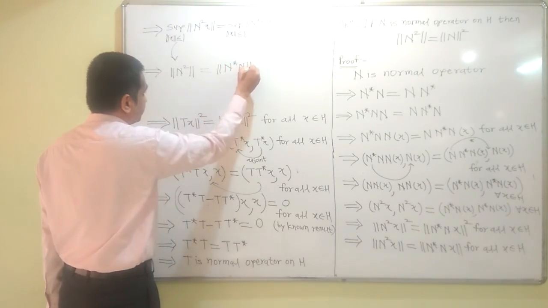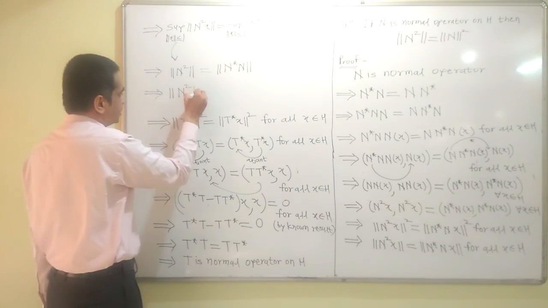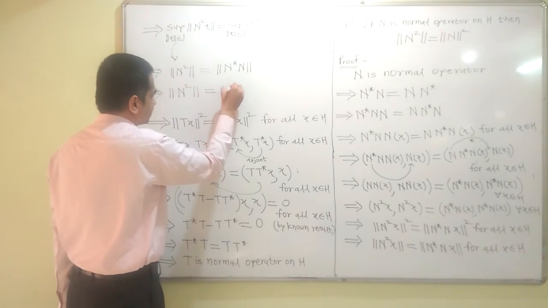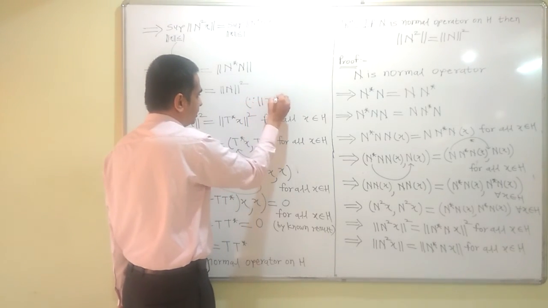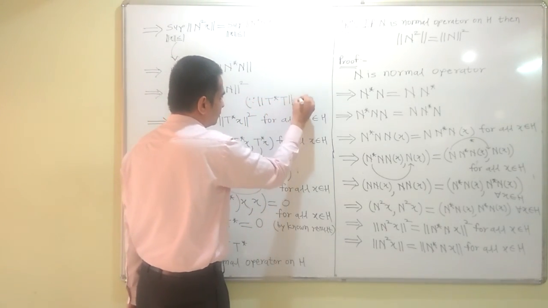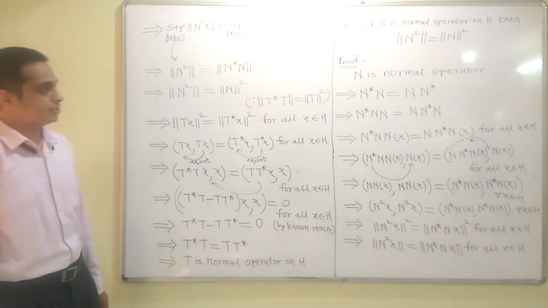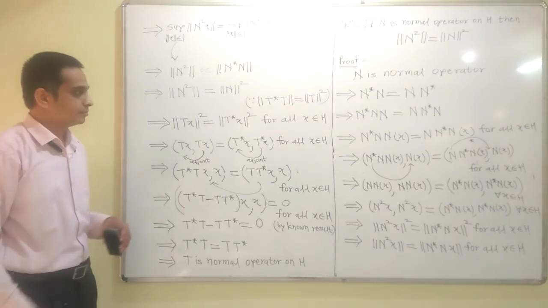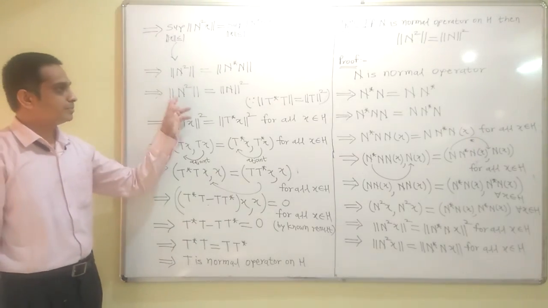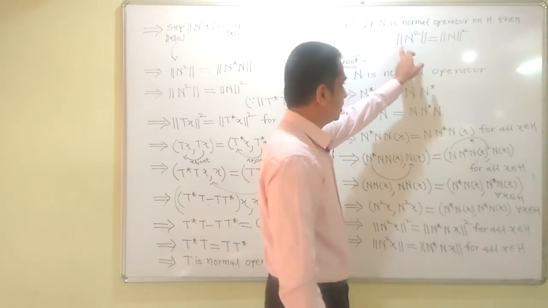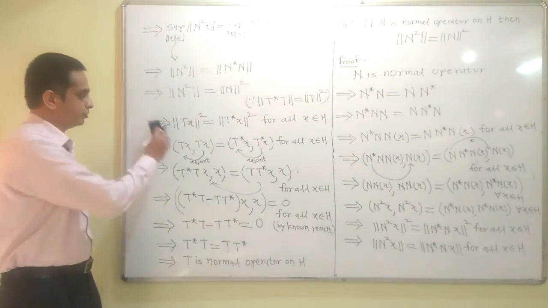In the next step, this implies norm of N² is equal to norm of N squared, since norm of T*T is equal to norm of T squared. We have seen this result in one of the lectures. So this holds for every operator, and hence our claim is proved that norm of N² is equal to norm of N squared. This completes the proof.